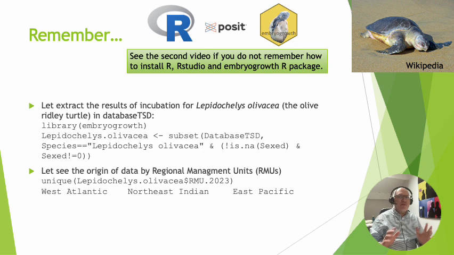Remember, we use R within RStudio with the package Embryo Growth. Now we will use another package, and we use within the package Embryo Growth a database TSD, which is a database of sex ratio obtained at constant incubation temperature for turtles.